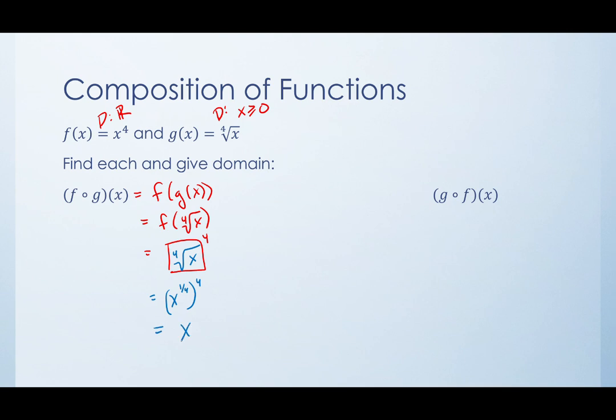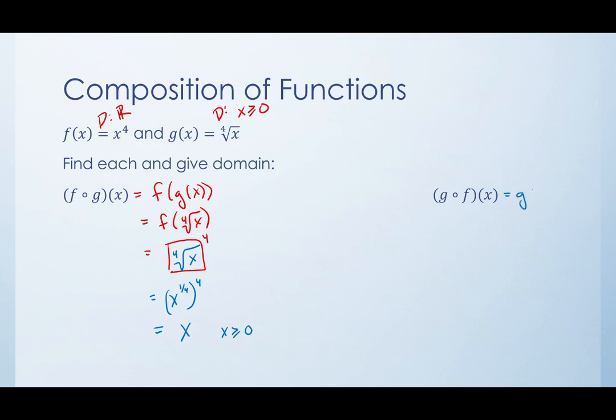That's just going to be x. However, technically speaking, the domain is still only non-negative numbers, so we would have to say x greater than or equal to 0. This is another place where GeoGebra might not give you 100% right as far as the domain goes.